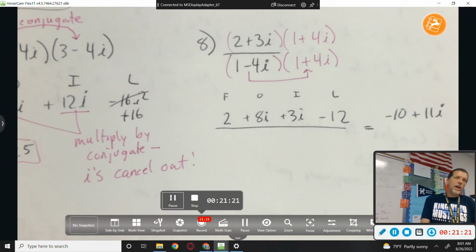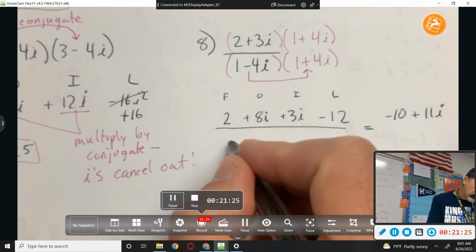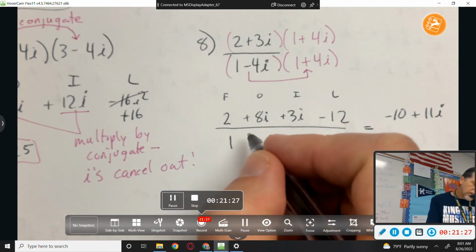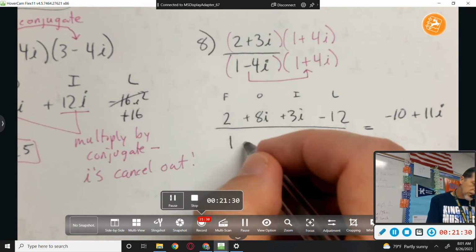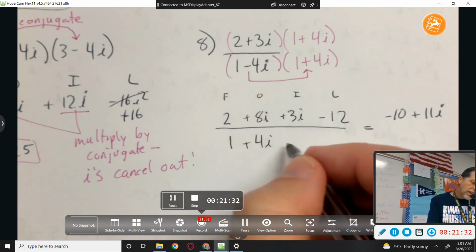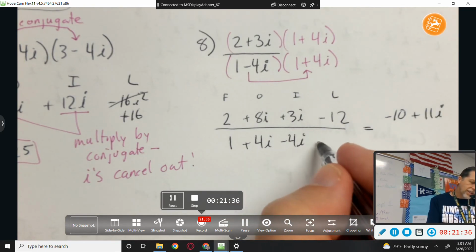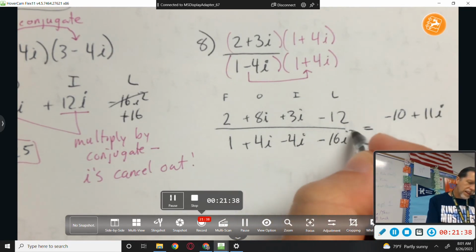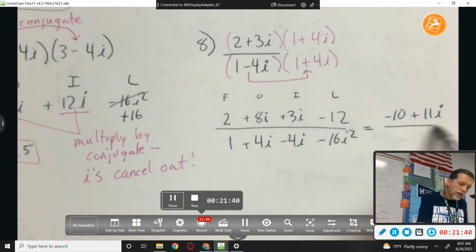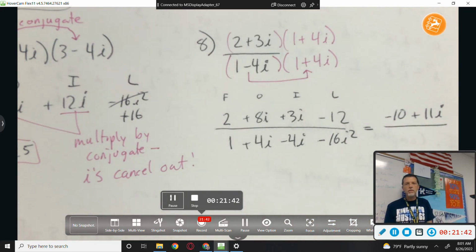And then in the bottom, the i's are supposed to go away. Let's see what happens. First, outside is plus 4i. Inside is minus 4i, sure enough. And last is minus 16i squared. So plus 16.